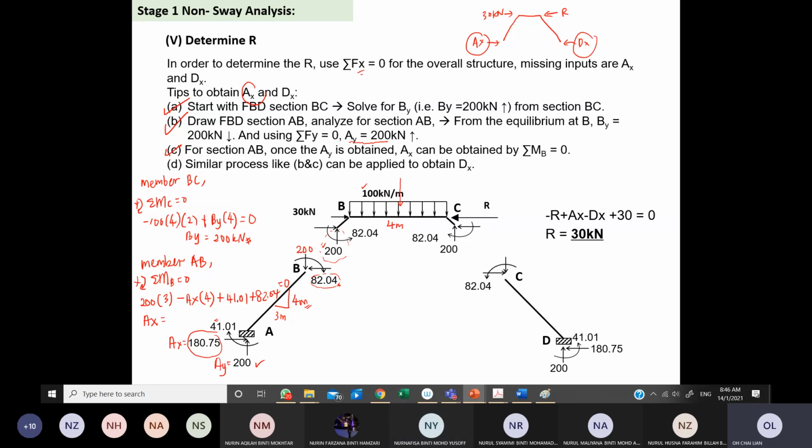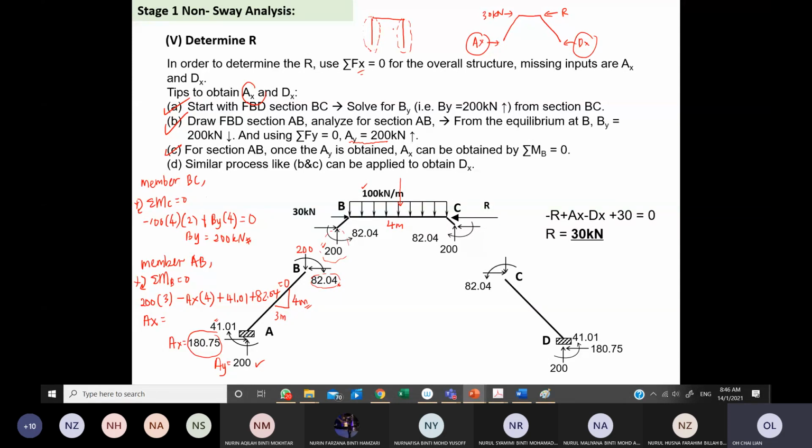So this is the strategy to get the AX. If you remember our previous case, where we had the typical frame like this, we can get the AX and DX just by using the section for the columns.